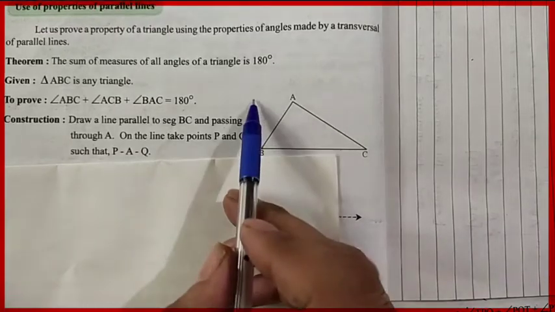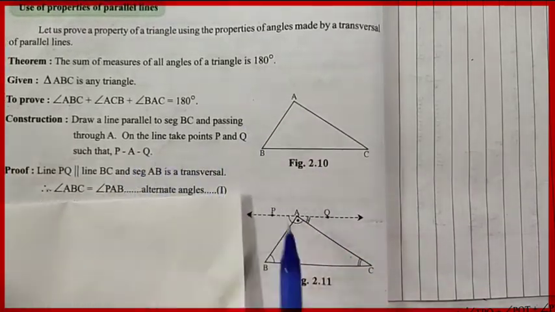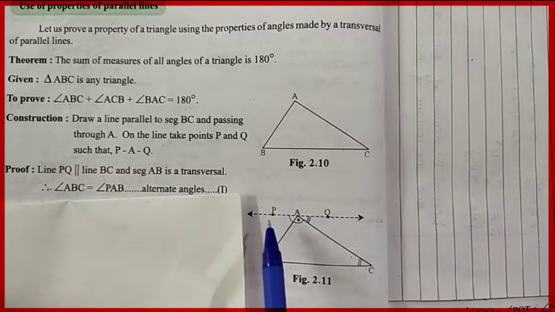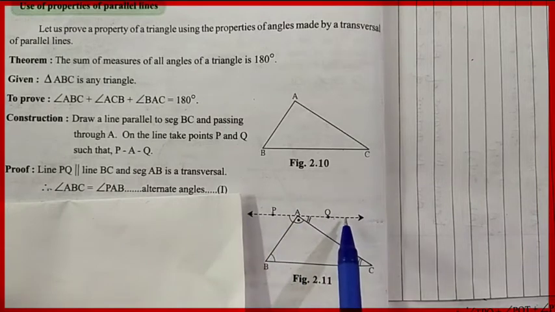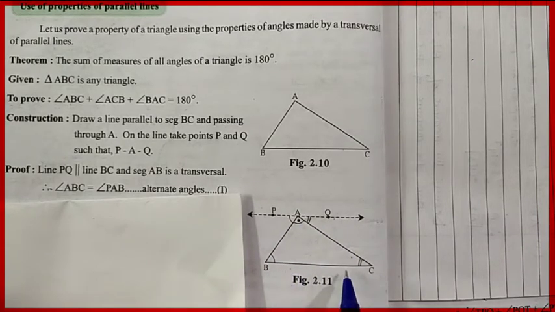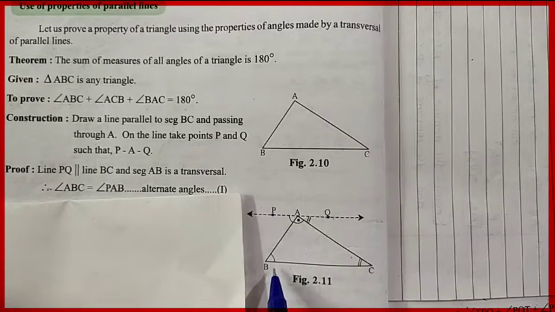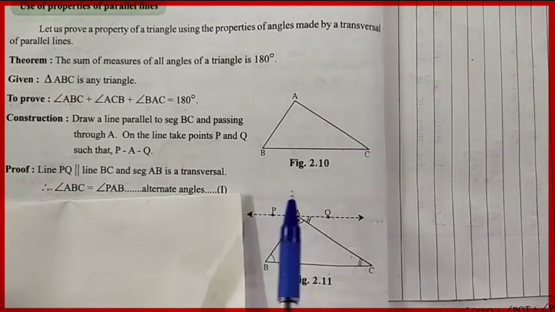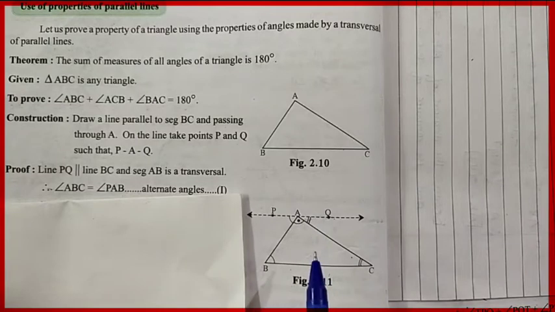So we are taking point P here. See, this is the diagram. We are taking points P and Q, and P, A, Q are collinear points, and we have drawn a parallel line to BC. Okay, so we can say BC is parallel to PQ. It is by construction.